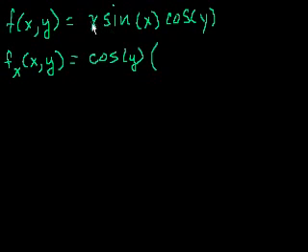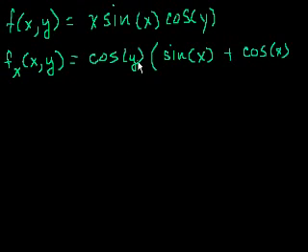So the derivative of the first term with respect to x, well, that's just 1 times the second expression. So it's sine of x. I'm just doing the product rule here. Plus the derivative of the second expression, that's cosine of x, times the first expression, times x.